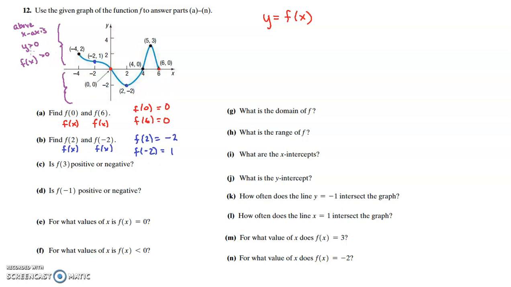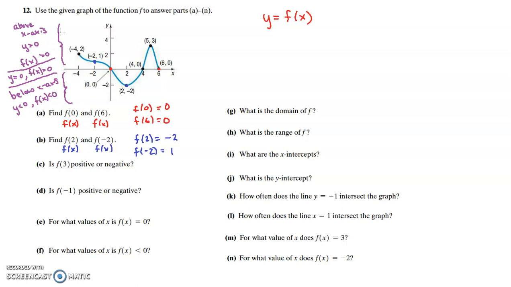Okay, all three of those mean the same thing. And we know that at the x-axis, we have y is equal to 0, or f of x is equal to 0. We talked about that a couple sections ago. Okay, so that's the same as saying x-intercepts. All of those are the same. And then below the x-axis, we're going to have all of our negative y values, or negative function values.